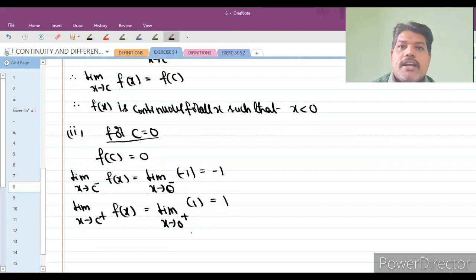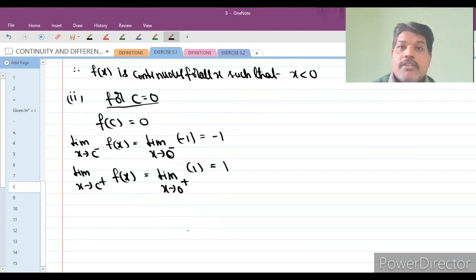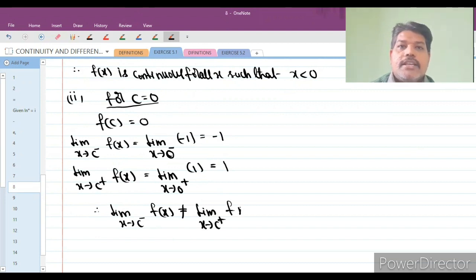So then what we can declare, therefore, limit as x tends to c minus of f of x is not equal to limit as x tends to c plus of f of x.